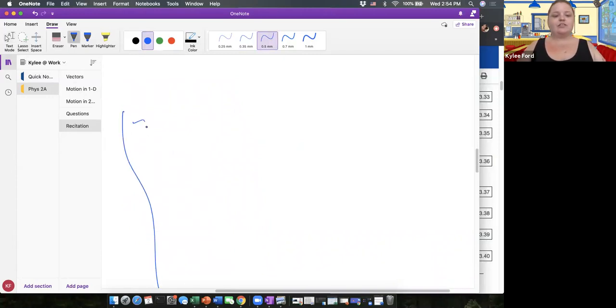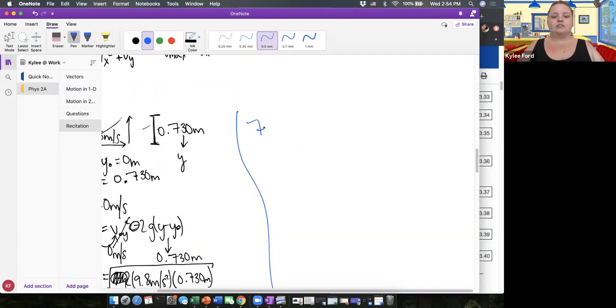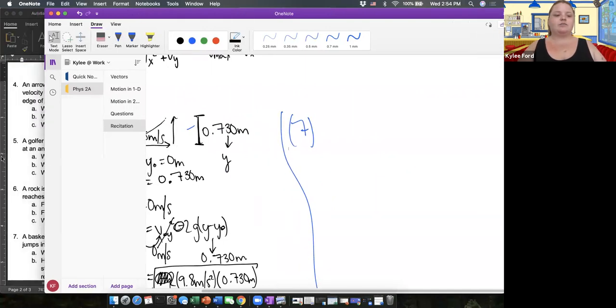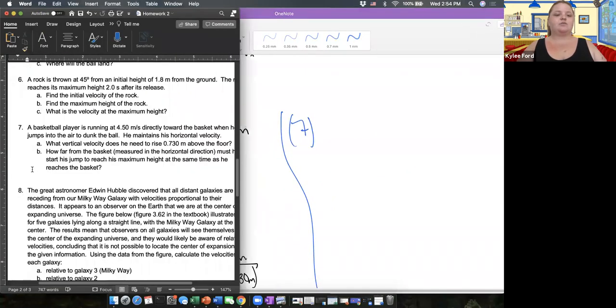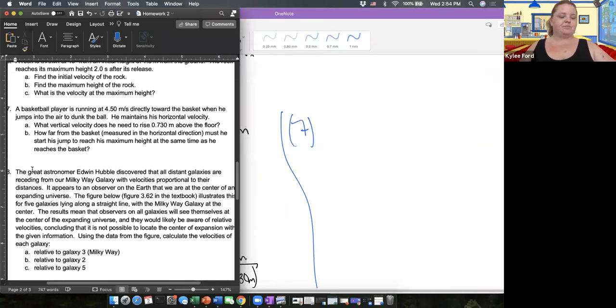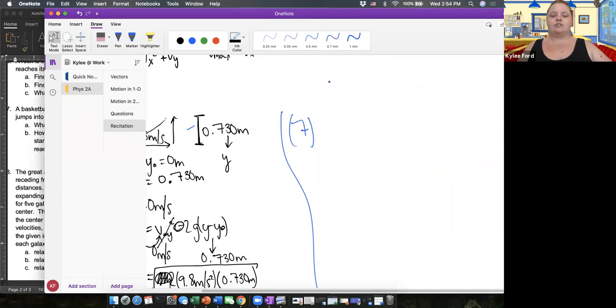Okay, so number 7, redo. What did that one say? Oh, it was the basketball player one, right? So we had our velocity in our x direction was, what was it, 4.5?